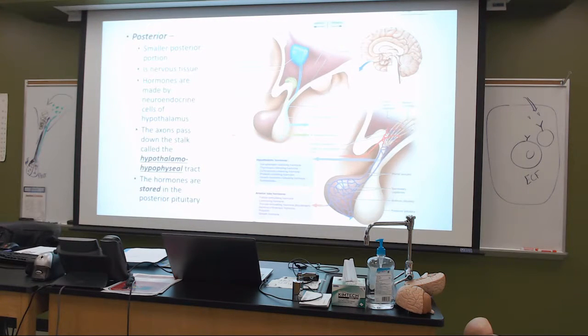The posterior stores those two chemicals, the ADH and the oxytocin. So for me to have information to my anterior, it's by way of blood. For me to get information to the posterior, it's by way of nerves. Everybody with me?